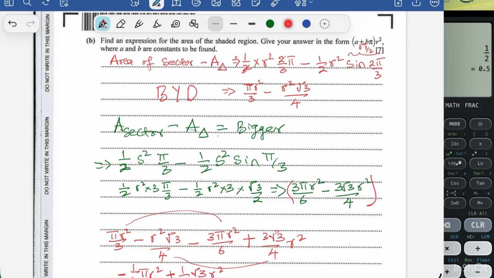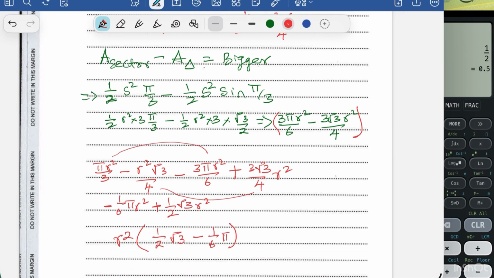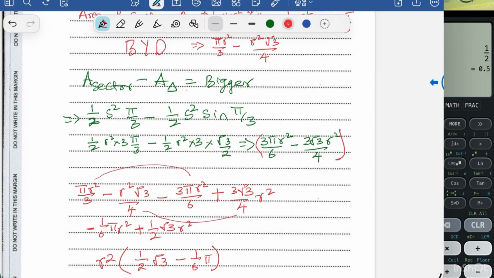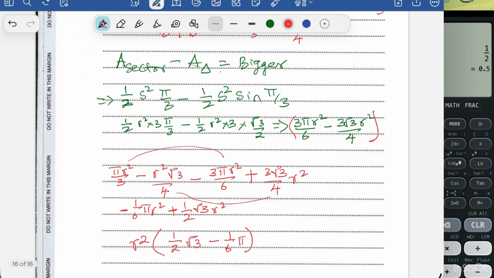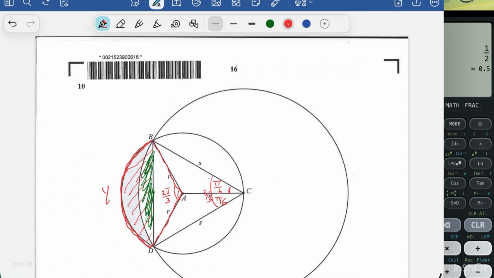Okay, so that's to give you an idea of what we're trying to do. So my a should be 1 over 2 root 3 minus 1 over 6 pi. So I hope it makes sense. I hope that is the answer to that. There might be some little mistake, but obviously that's to give you an idea. So we needed to find the area of that segment and minus.